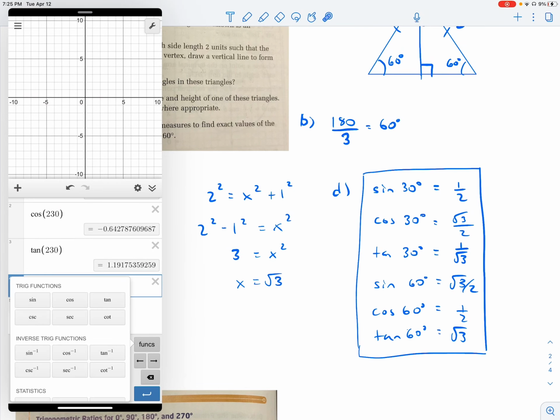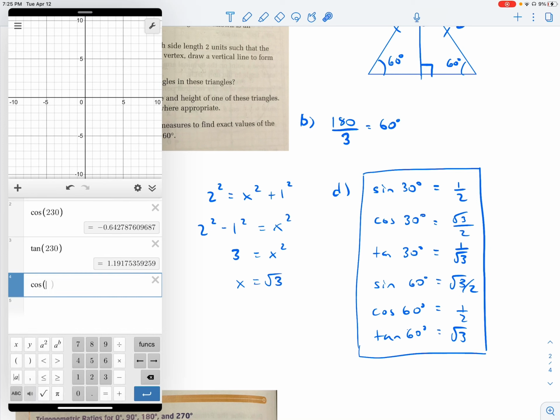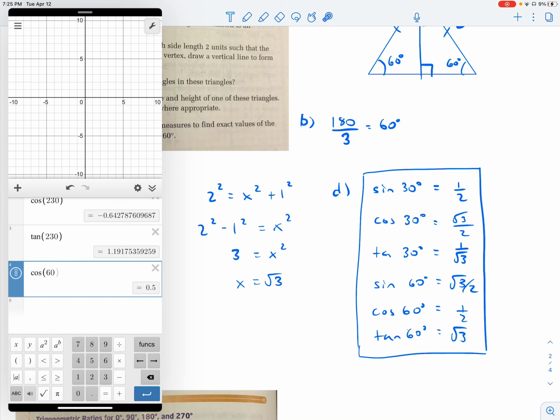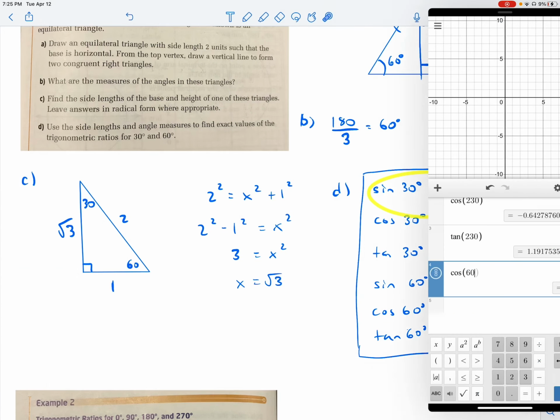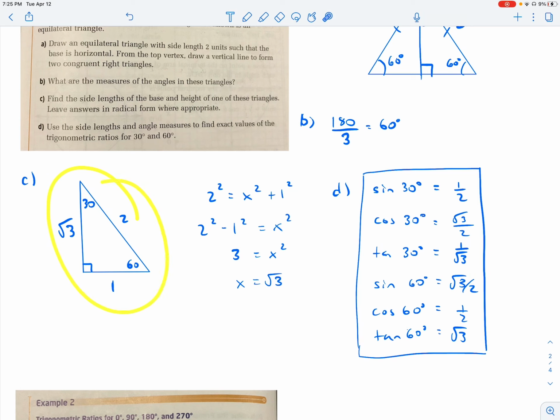I'm going to enter in cos of 60, and I should get a half. Yeah. I notice cos of 60 is the same as sine of 30. That's because they're part of the same triangle, right? So sine of 30 and cos of 60 are the same, and cos of 30 and sine of 60 are the same.